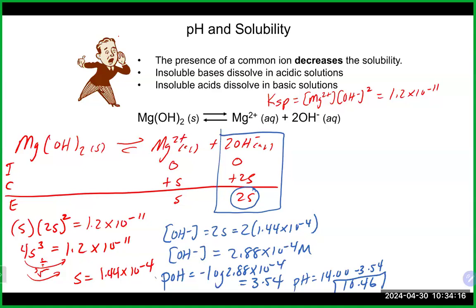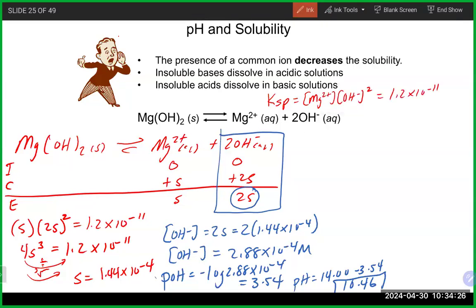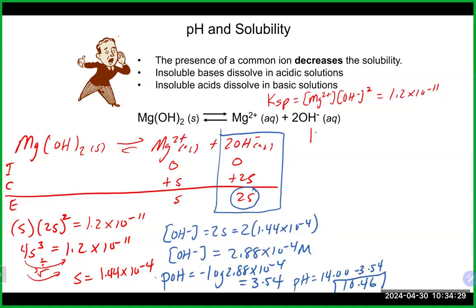So here, obviously, you can use it to figure out, why is this important? So let's talk about it. Let's say that I decided I wanted to lower the pH here. I want to lower the pH below 10.46.